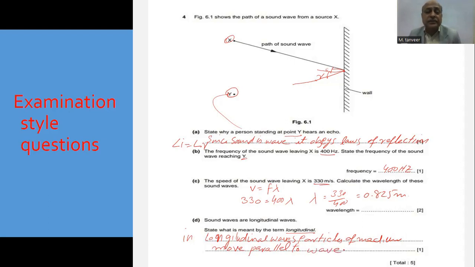So these are longitudinal waves. But if the question is asked, what is meant by transverse wave? In a transverse wave, particles of the medium vibrate perpendicular to the direction of propagation of the wave. So this is called echo, that is completed.